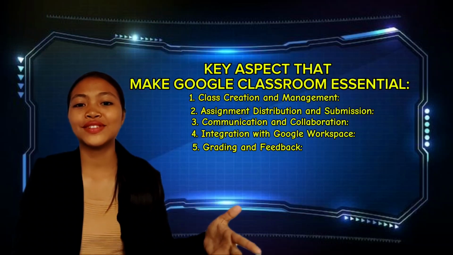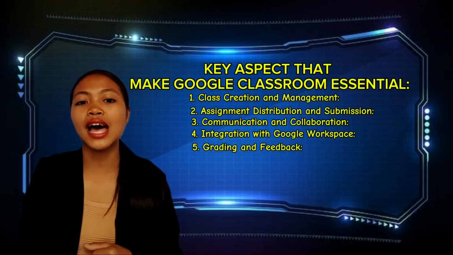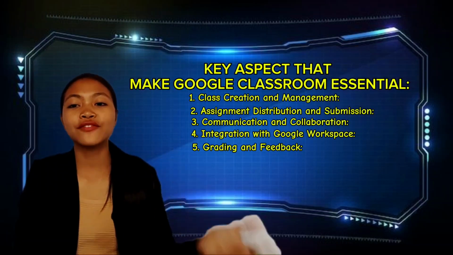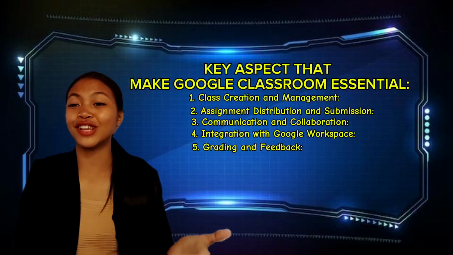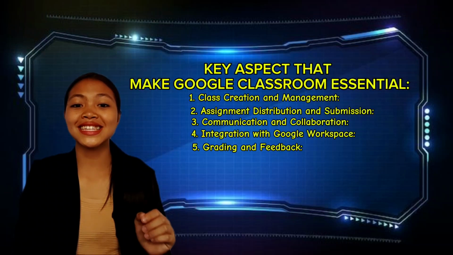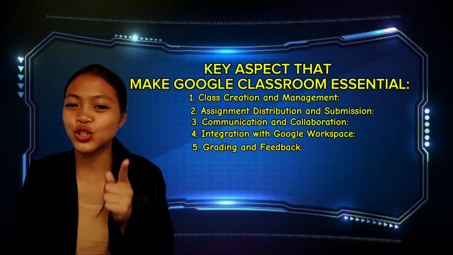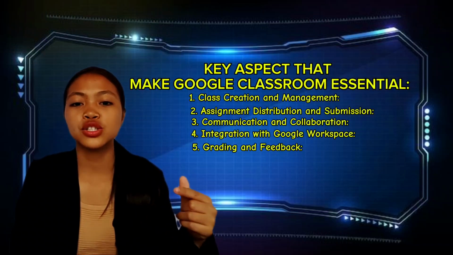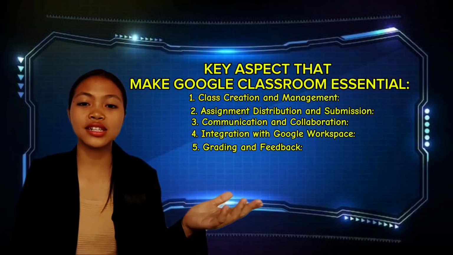So it provides feedback to the students in real time, by commenting in the private comment for that particular student. And the grading system simplifies the assessment process and helps track the students' progress, so they can assess what the students have done and their progress.